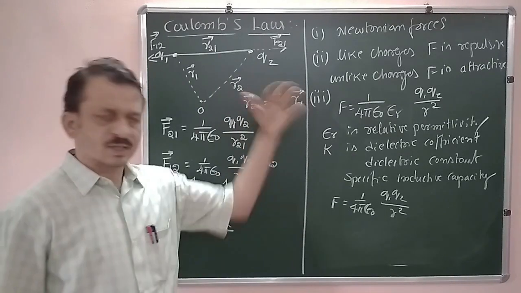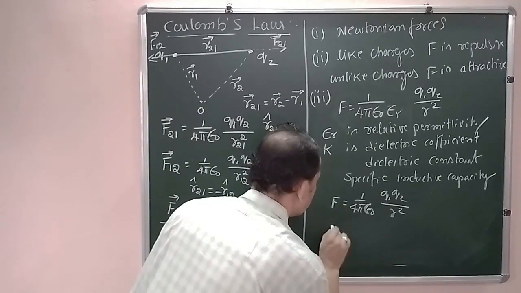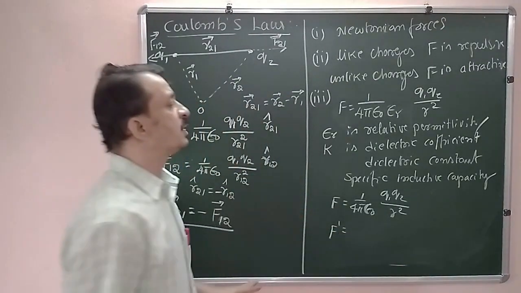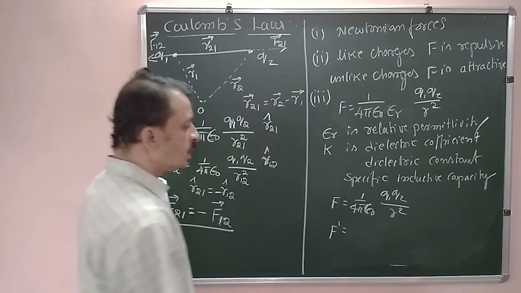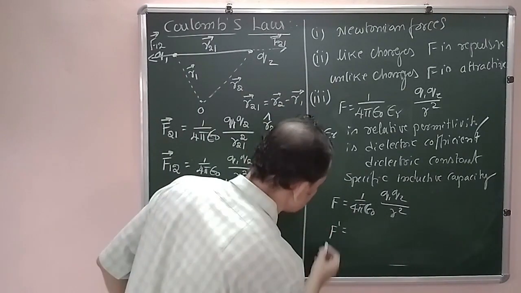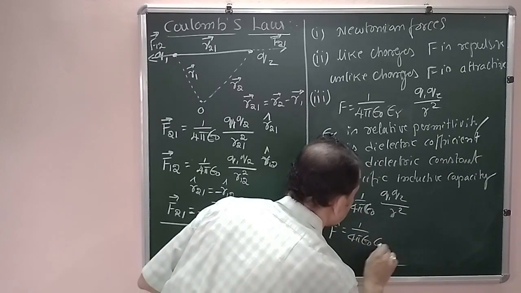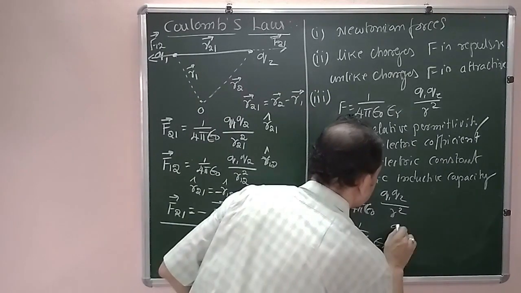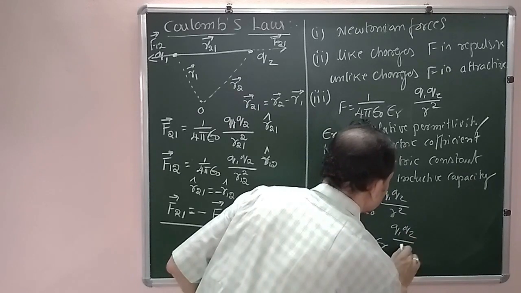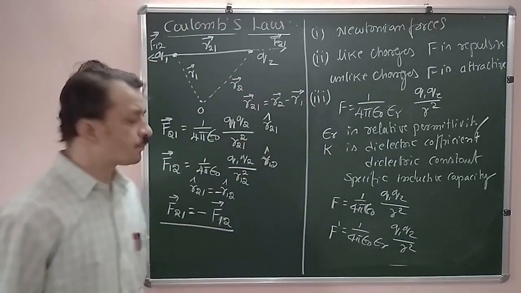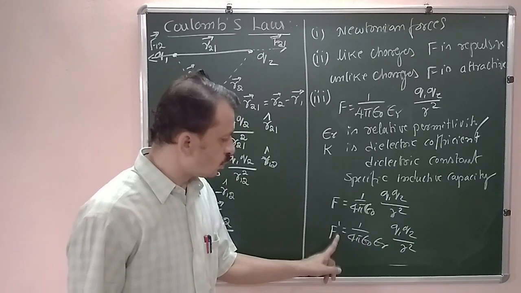Now if those 2 point charges are placed in a medium of dielectric constant K or relative permittivity epsilon r, then I will write the new force as F dash, 1 divided by 4 pi epsilon naught into epsilon r, q1 q2 divided by r square. F dash is the new force.